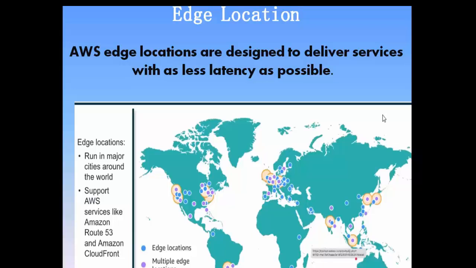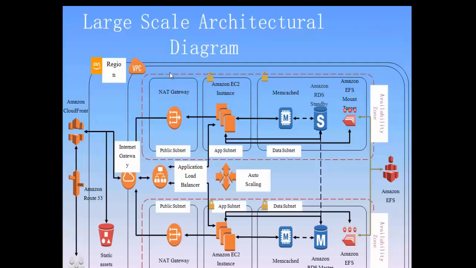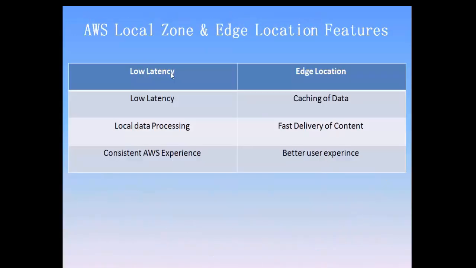Next, the edge location. The purpose is the same, but here I will show the major difference. Here I made a mistake. Rather than low latency, here it is the local zones. Local zone, I know it's not clear to you, but still, it's local zone and edge location.